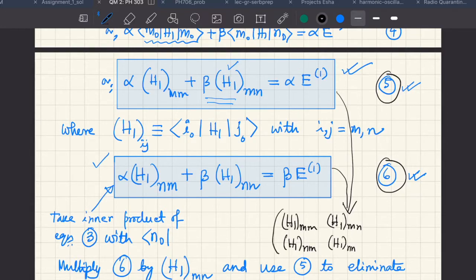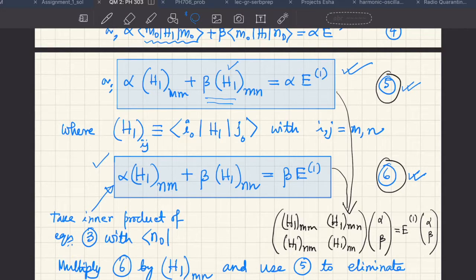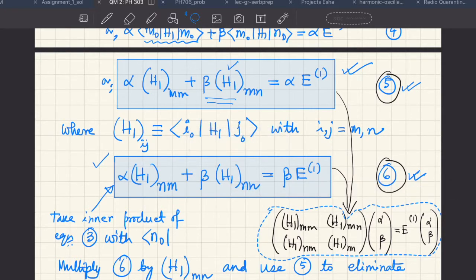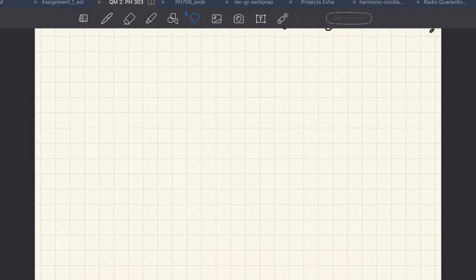This is a matrix, and then there is alpha beta, and then there is E1 and alpha beta column vector. You can always do that. So take these equation numbers 5 and 6, and we can write this in this matrix form.